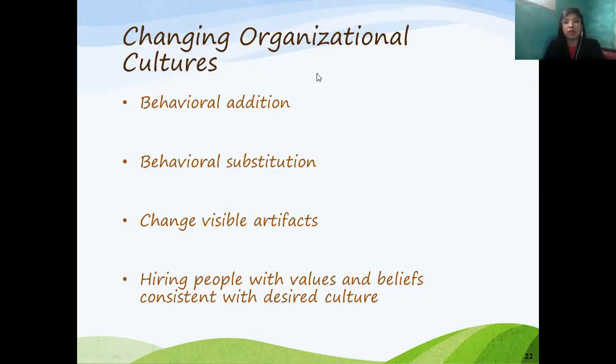So if you see that the organizational culture is not good, or you have negative vibes whenever you come into the job or into your organization, in order to change that, maybe you need to change your behavior and then substitute it with more positive behavior.